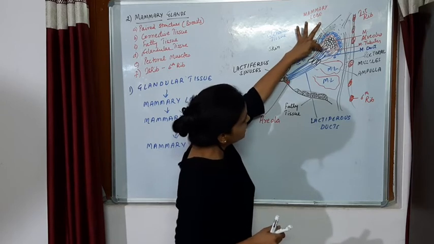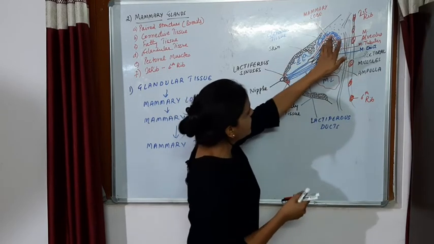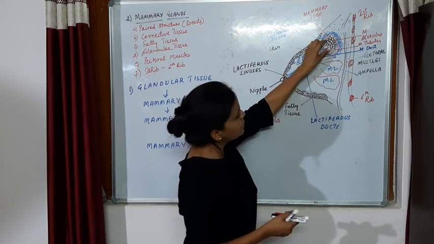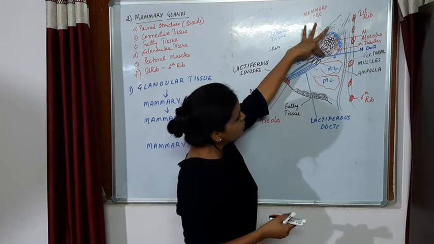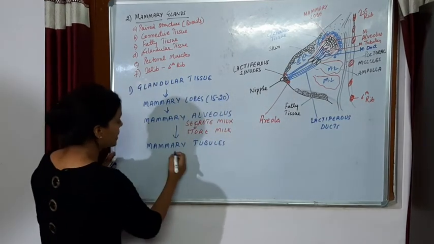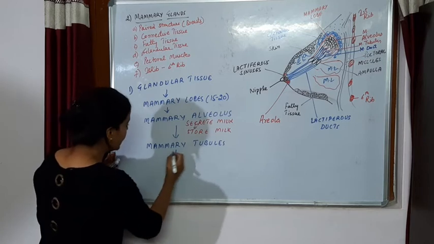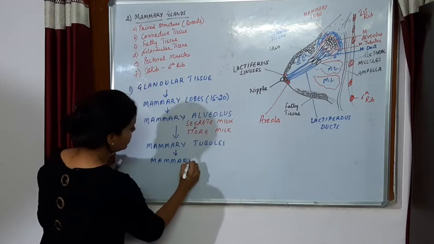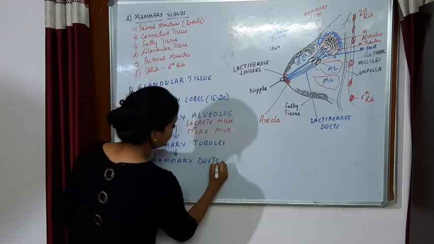So these are tubules, and they are fusing next. So this is a duct. So the tubules will fuse together to form a mammary duct. So again the milk is now with the mammary tubules, and further it is passed to the mammary ducts, right?